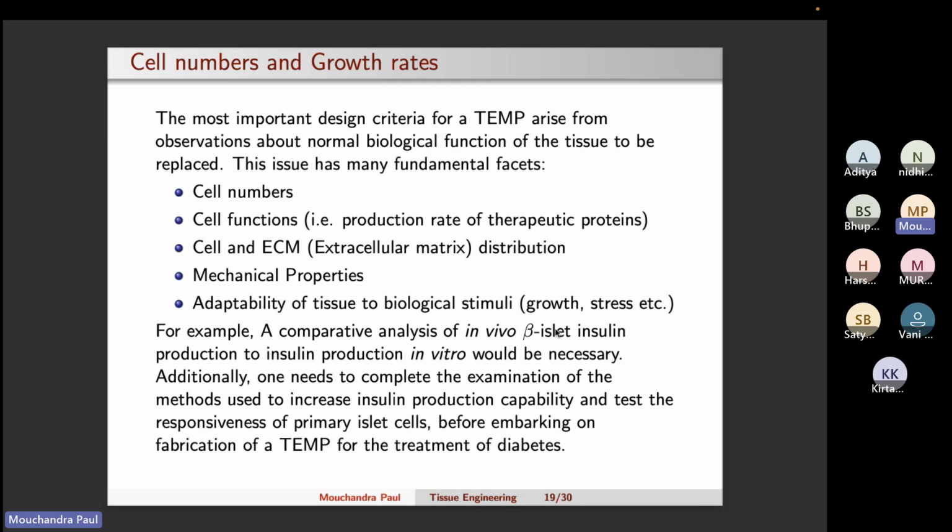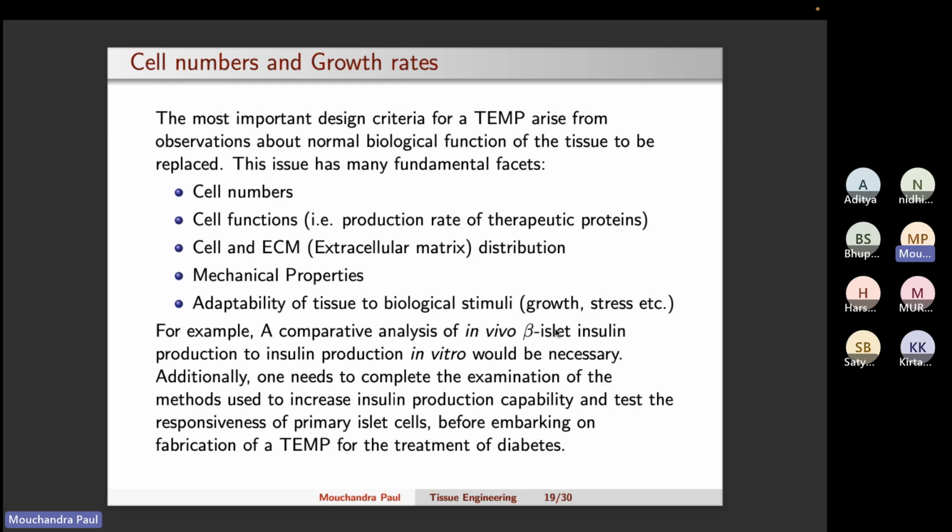Additionally, you need to complete the examination of all the methods used to increase insulin production capability. This means you have to search the literature and see what methods people have applied to increase insulin production in vitro, and also test how the primary islet cells or beta islet cells respond to various glucose levels in vitro.